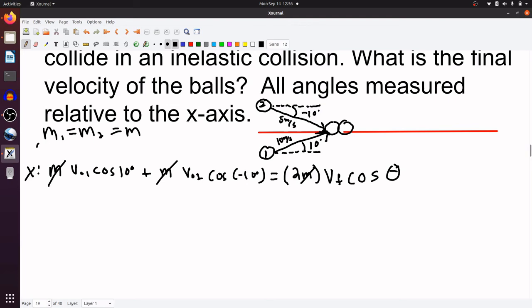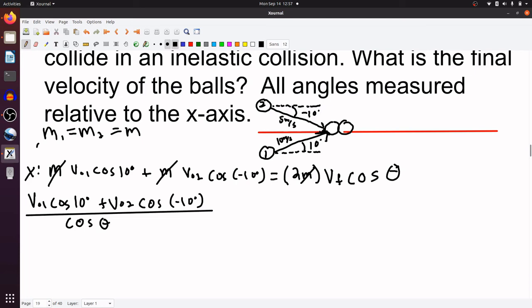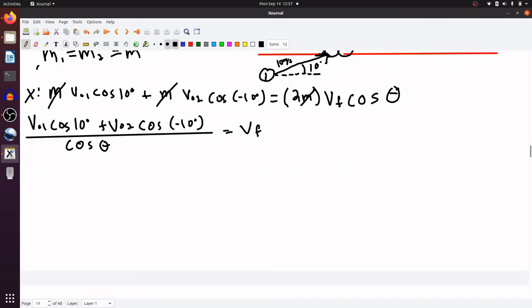So what I'm going to do is just move my cosine theta to the other side and write down v01 cosine of 10 plus v02 cosine of negative 10, over the cosine of theta, is equal to our big final velocity. All right, let's do what's in the y.